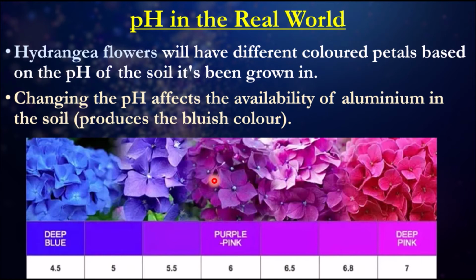So the level of acidity in the soil will affect the type of color you get. Changing the pH affects the availability of aluminium in the soil, which produces this bluish color. So the more acidic the soil is, the more blue the hydrangea flowers will look, and the more basic or alkaline it becomes, the more pinkish color is produced.